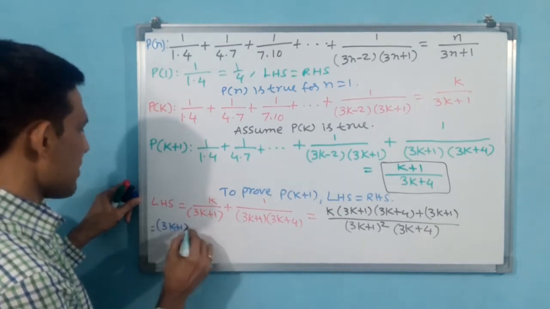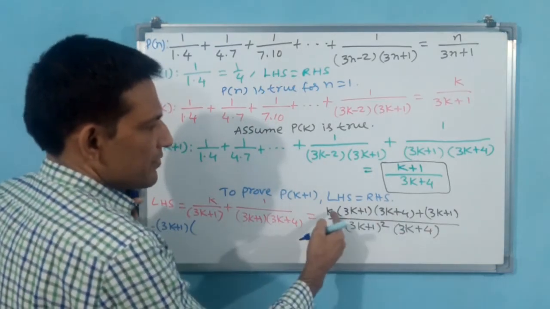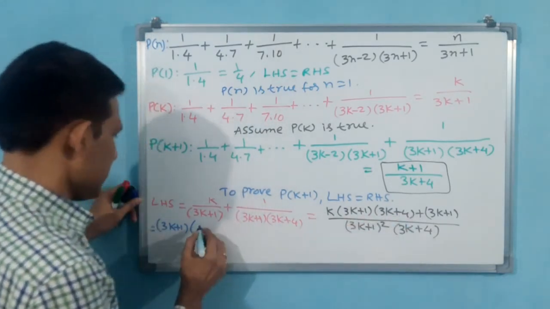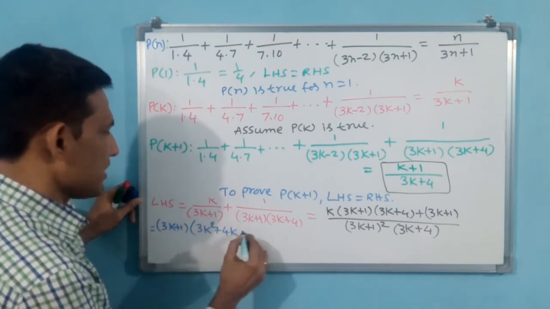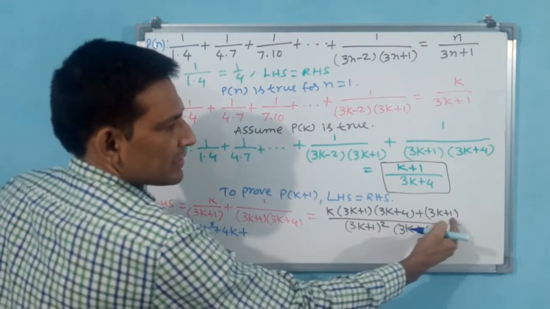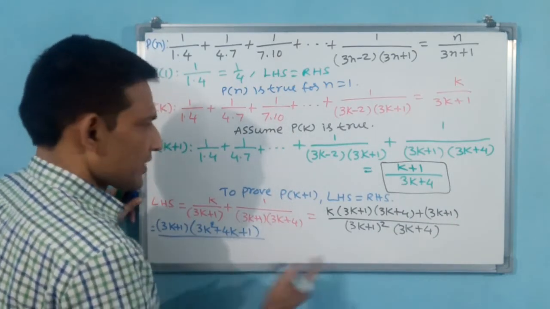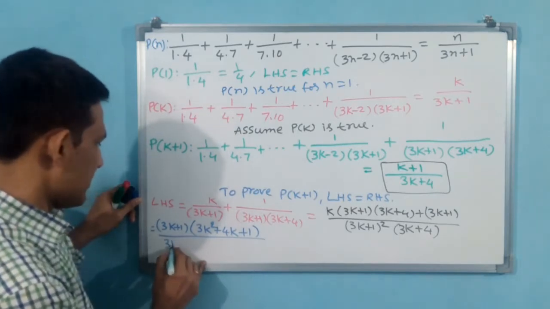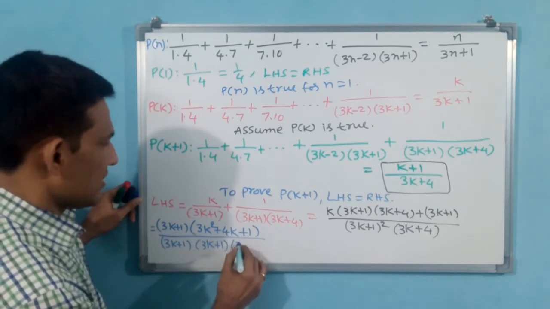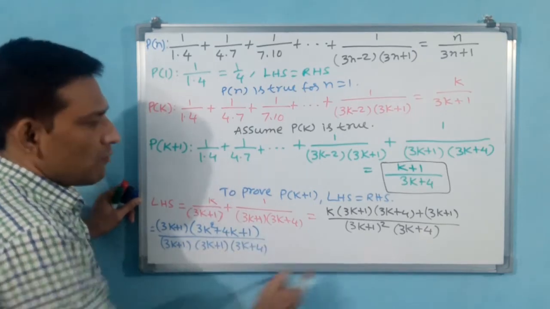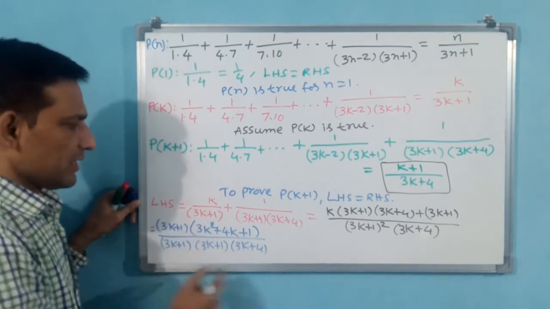If you take this common, 3k plus 4 into k, 3k square plus 4k, plus here nothing is there means 1, divided by 3k plus 1 square, 3k plus 4. Why I have written separately? Because I want to cancel these two.